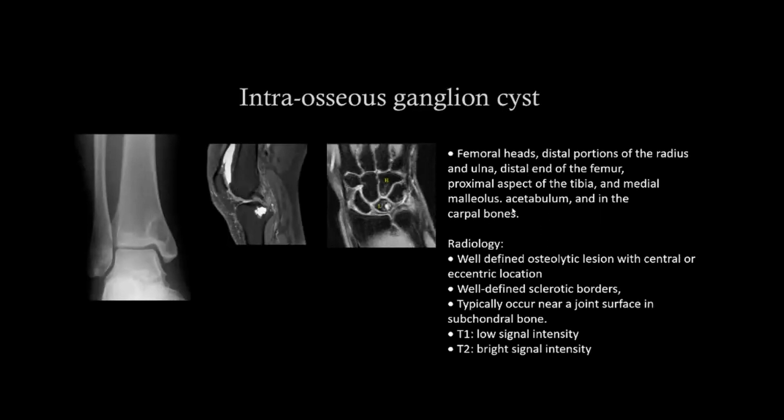It can present also in the femoral head, the distal portion of the radius, the ulna and the distal end of the femur. In the MRI it looks like a cyst, low signal in T1, high signal in the fluid sensitive sequences, and can have sclerotic borders.